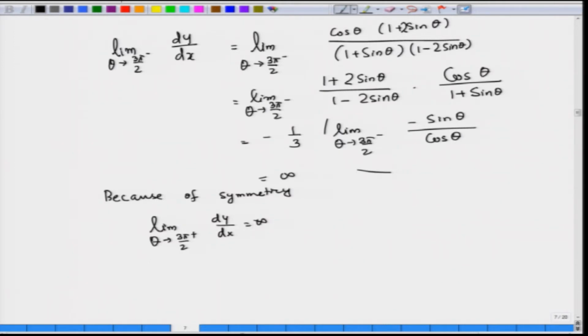Which means we are going to get a vertical tangent at the point 0, 0, or theta equal to 3 pi by 2, right.